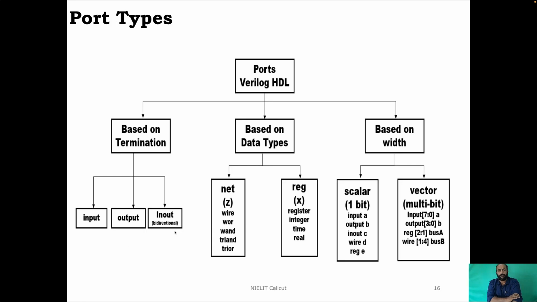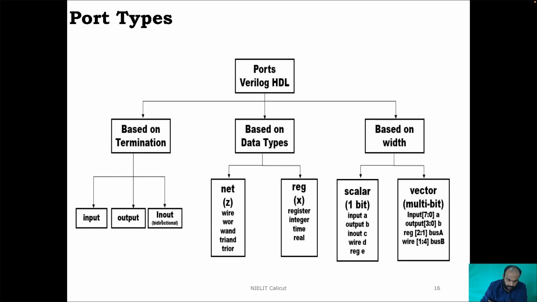Now the next part of the module is basically ports. As I told, ports are those connections that a hardware uses to interface with the external world. Ports in Verilog can be classified into 3 categories based upon terminations: input port, output port, as well as inout port.